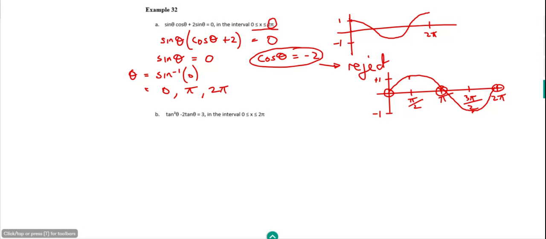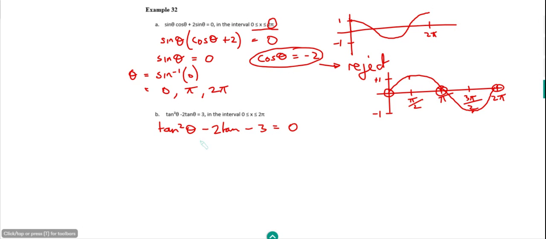If we now look at B, we've got an equation in terms of tan squared theta minus 2 tan theta equals 3, which we've got to solve in the range 0 to 2 pi. So this is really a quadratic if we think about it. So if we make it equal to 0, we've got tan squared theta minus 2 tan theta minus 3 equals 0.